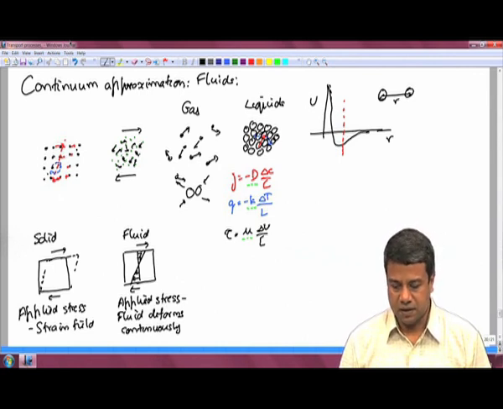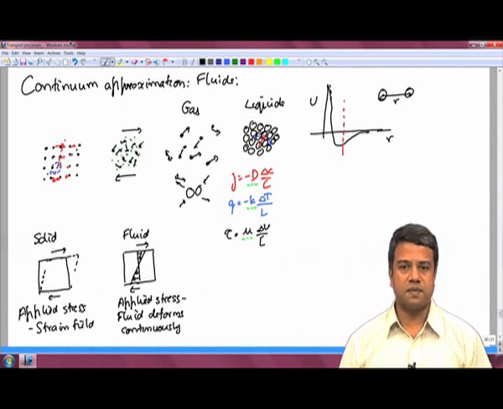And at a microscopic level, this distinction arises because in the case of solids, all molecules have their equilibrium positions about which they vibrate, and any deformation of the solid will result in a displacement of molecules from their equilibrium positions.